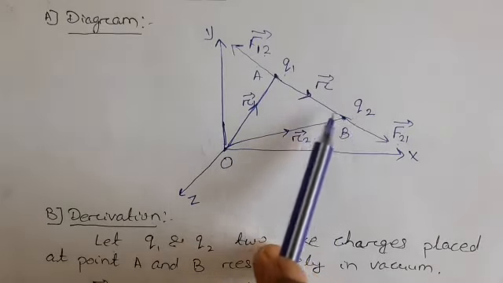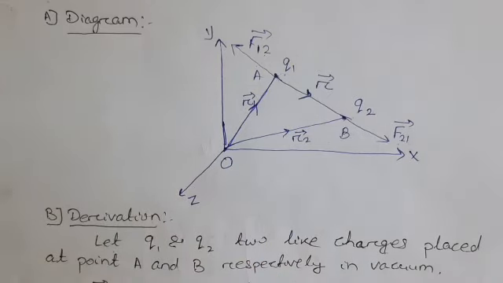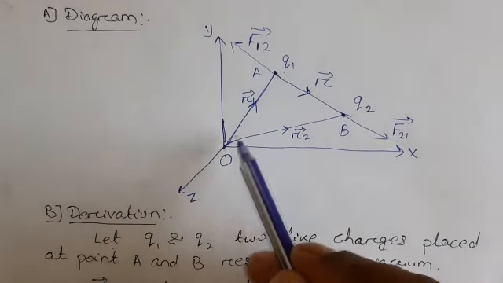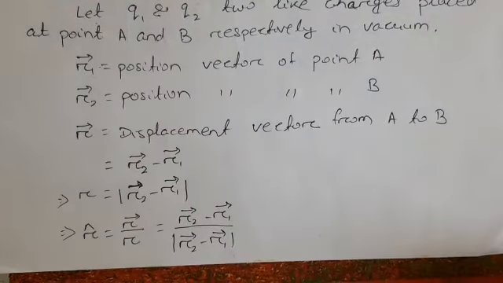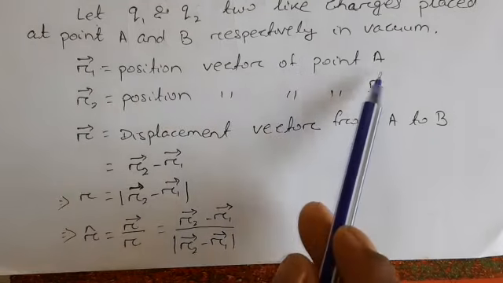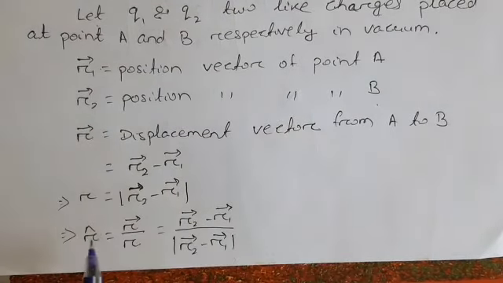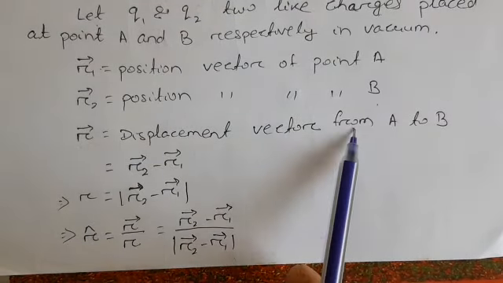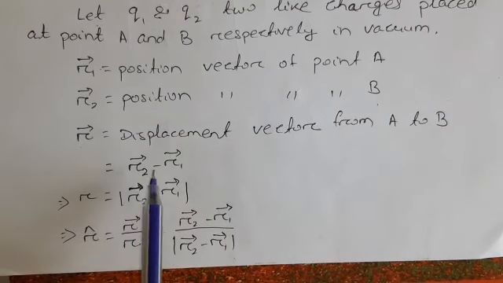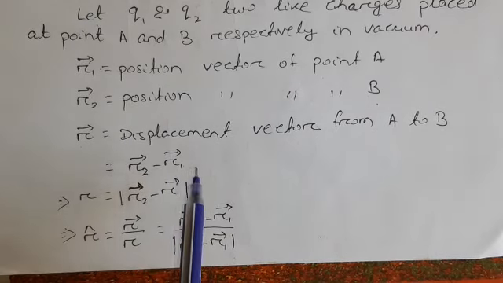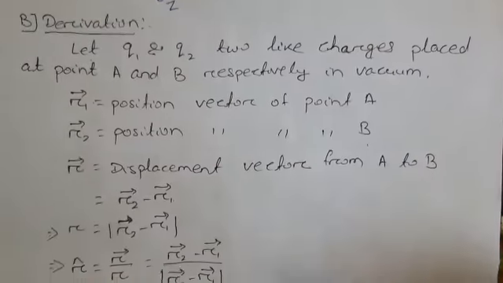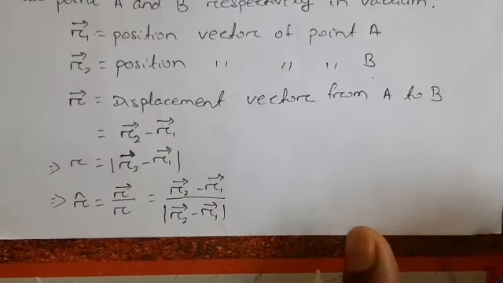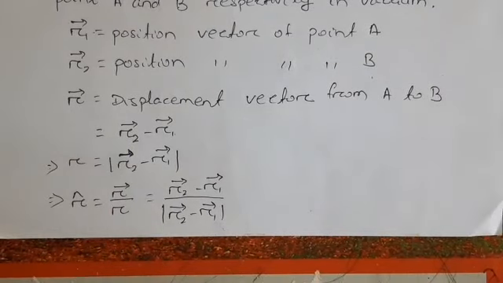R1 is the position vector of point A, R2 is the position vector of point B, and the R vector is the displacement vector from A to B. You know that the displacement vector is the final position vector minus the initial position vector, so the R vector is equal to R2 minus R1.